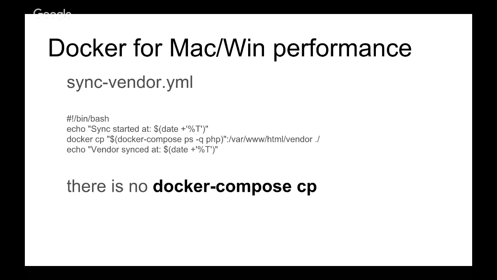So this is the solution, and now the only change in our workflow is that after Composer update, we have to run this just once to have the new third-party code on our host machine, so we can find things in that code if we need to.